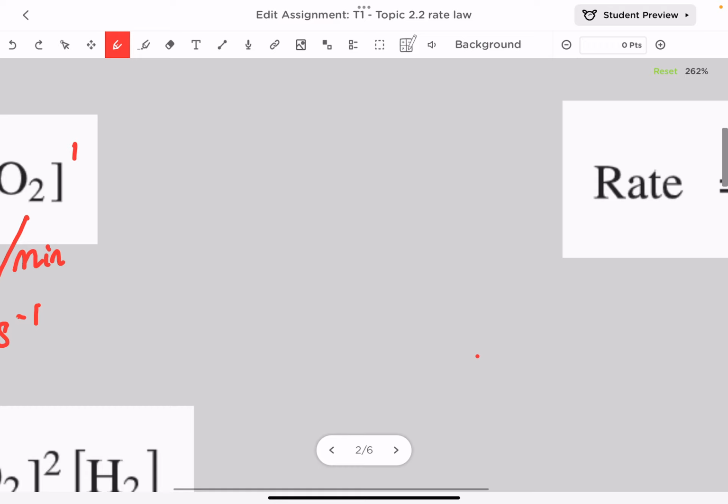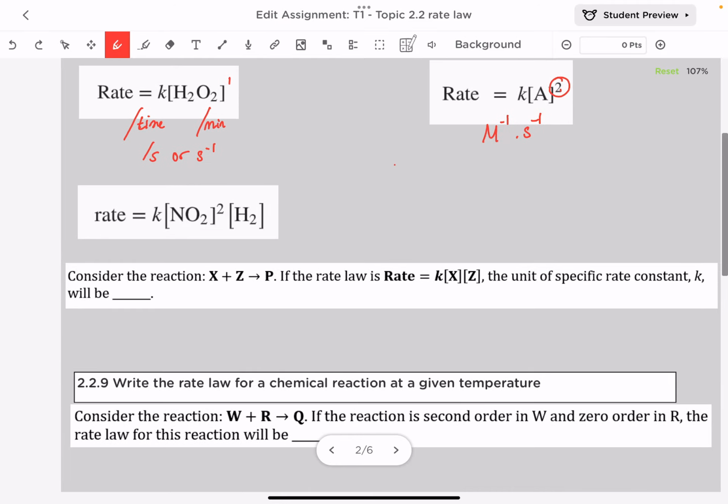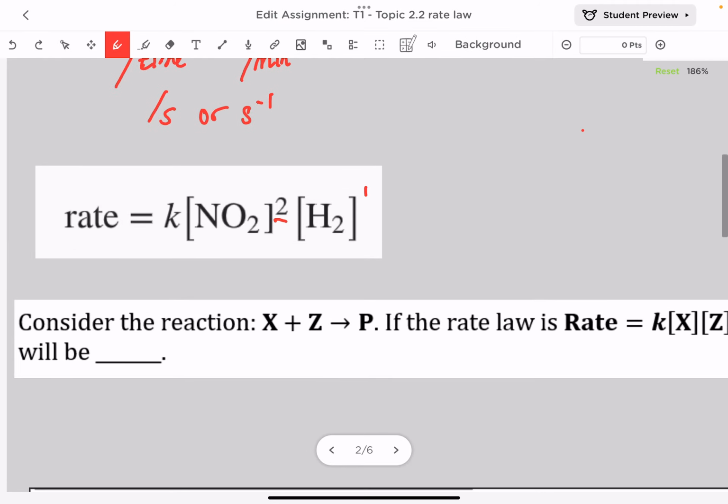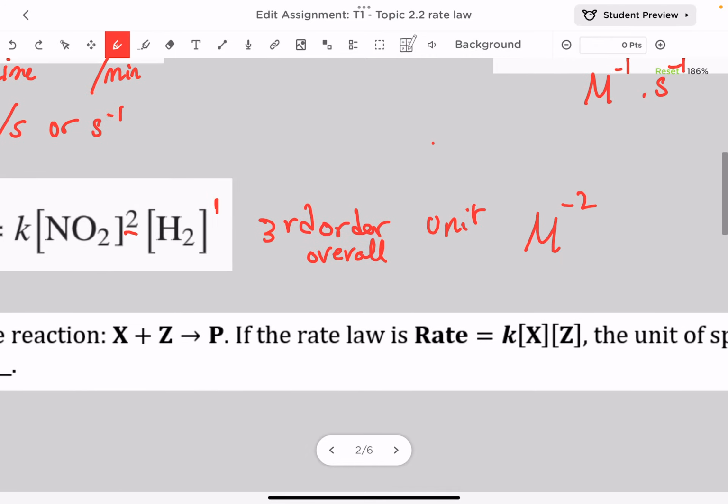Another example, second order, it's M minus 1, S minus 1. And finally, the last example, if I don't see a number, that's a first order. So this is third order overall. And the unit of the rate law constant K is M minus 2, S minus 1.